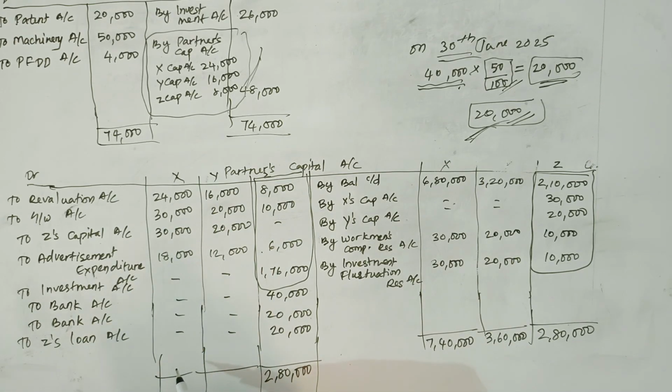So there is a difference. So the balancing figure comes on the debit side to balance carry down. The balancing figure is 6,38,000 and 2,92,000. So both the sides are balanced.